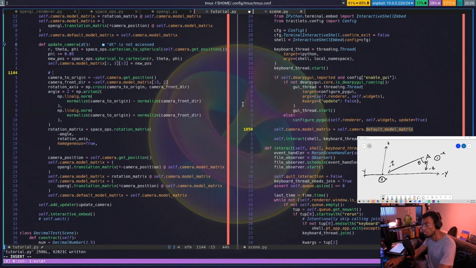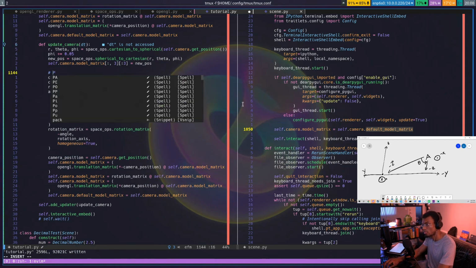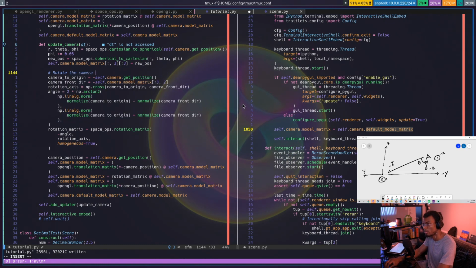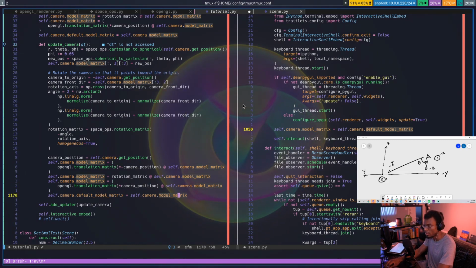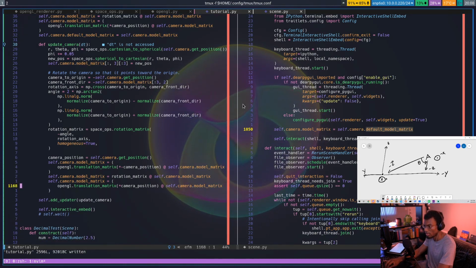So this is rotate the camera so that it points toward the origin. And after that, oh, and I should be updating the default model matrix here. Let's take that line out.